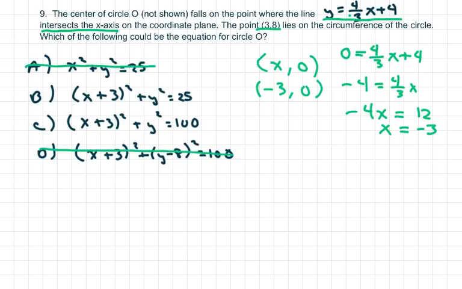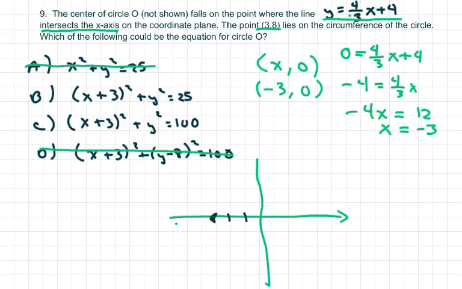Alright. Now, to find the radius, we can draw a quick sketch that includes the center of the circle with the point. So if you want to draw a quick sketch, you know the center starts at, I'm going to put it here, so it's negative 3, 0.